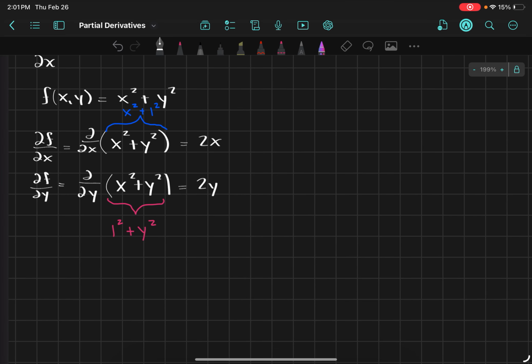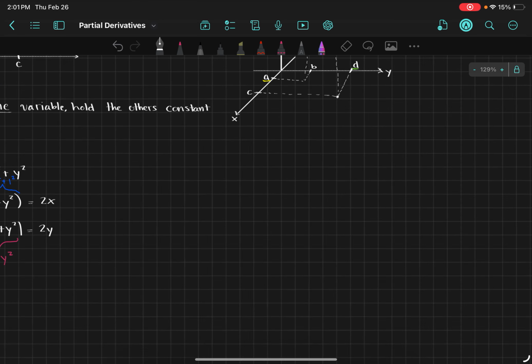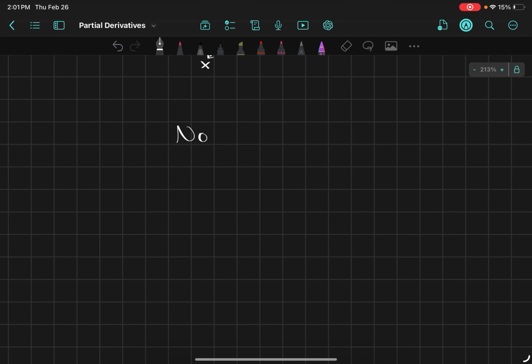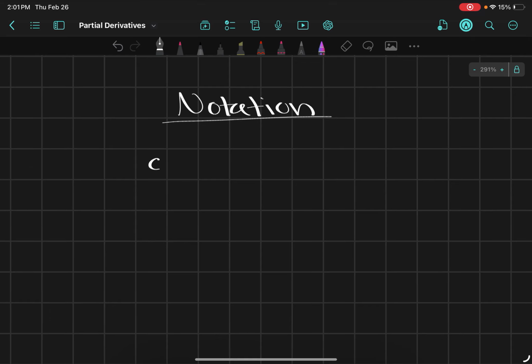I'm going to be getting into more explanation of what it is, but I would love to go over some notation first, because there is a lot of notation for what a partial derivative is. Now, in the calculus 1 and calculus 2 picture, the derivative was d over dx, or d over dy.